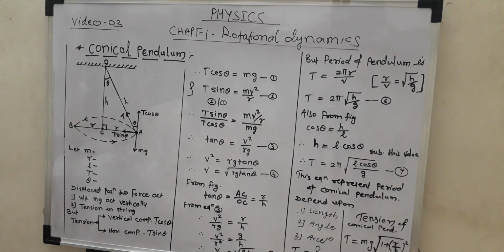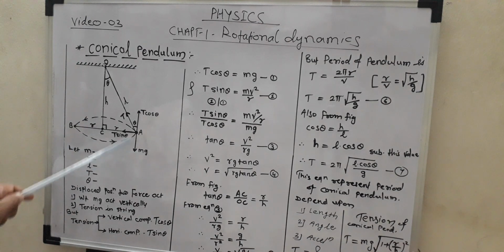When this pendulum is displaced in a horizontal circular path, that is, in the conical pendulum motion, at that time two types of forces act on the bob.